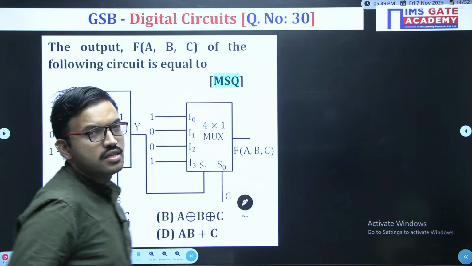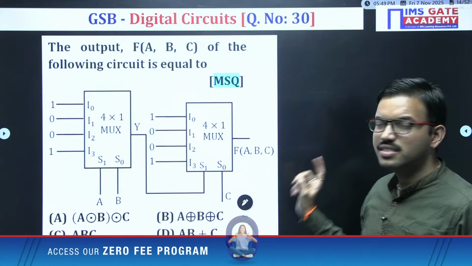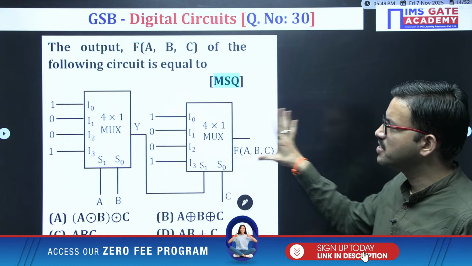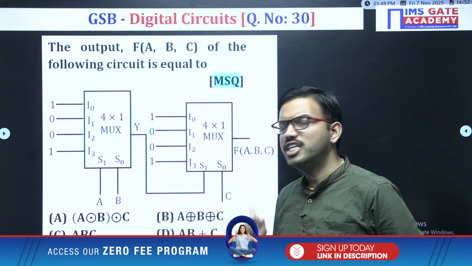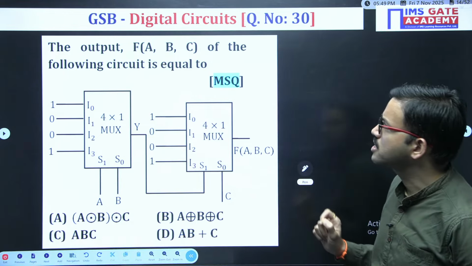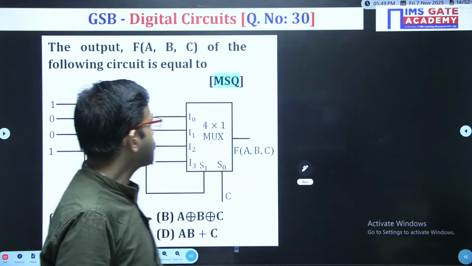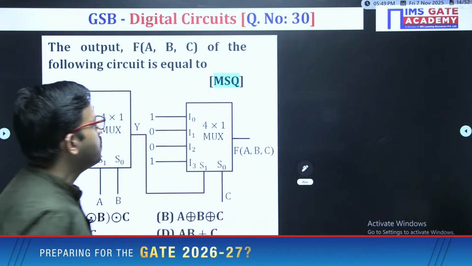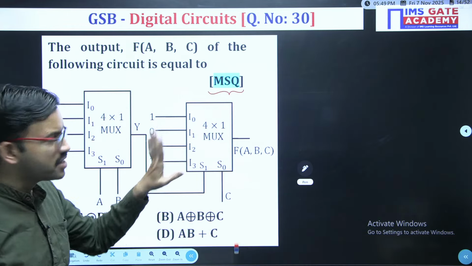Next question, once again a mux-based question, but the earlier question was based on a 2 by 1 mux and this question is based on a 4 by 1 mux. This is one of the most interesting questions. Just like the earlier question, this question is also of MSQ type.